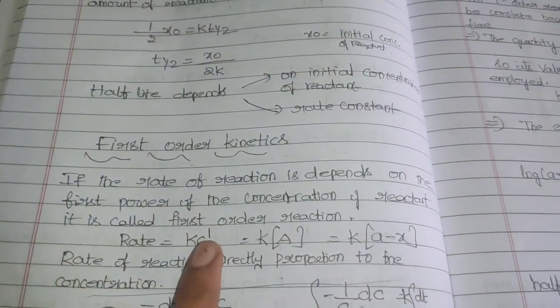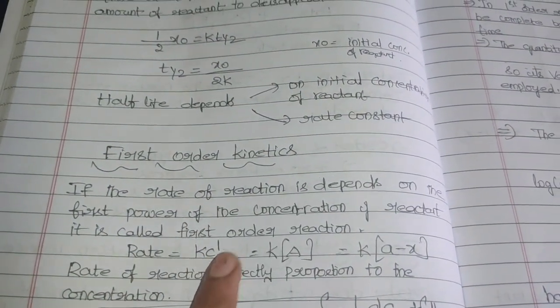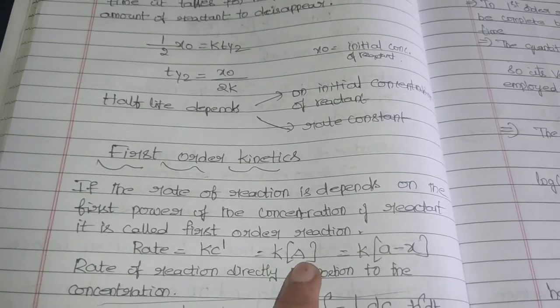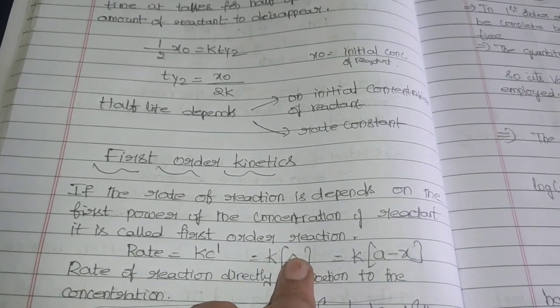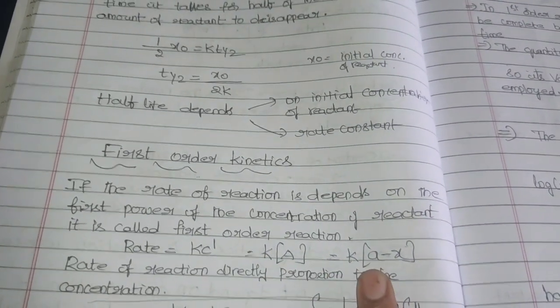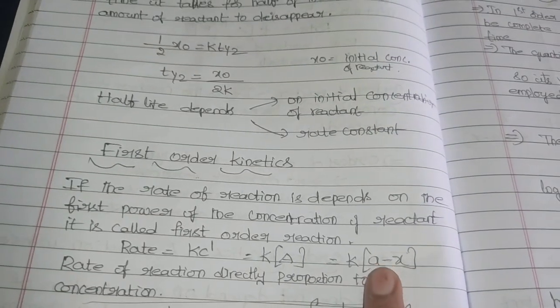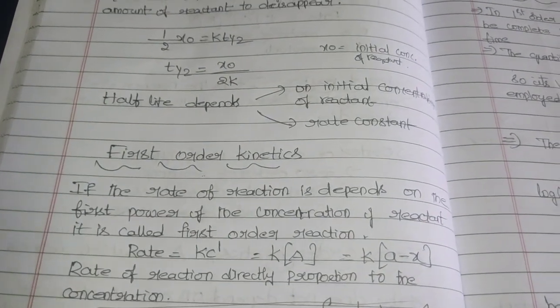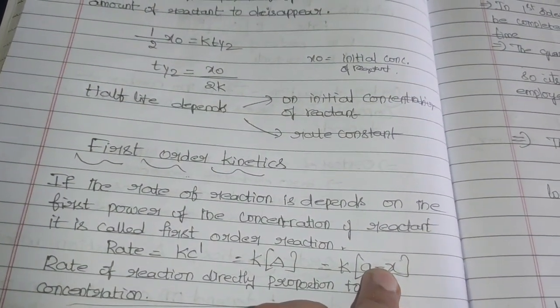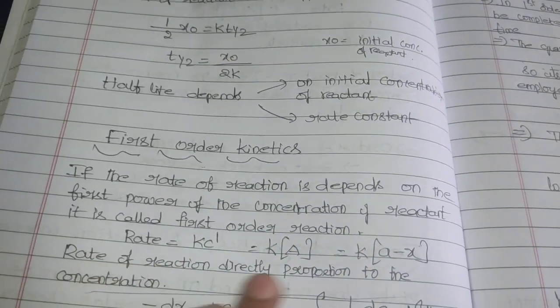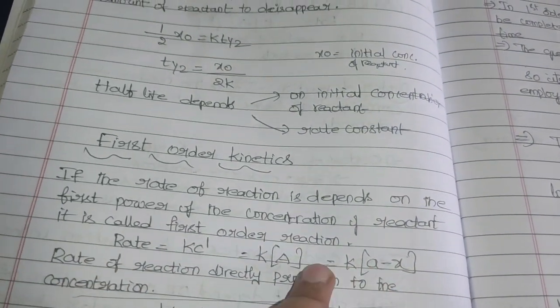Rate is equal to rate constant K into C to the power 1, or K into A, where A is the reactant. So we can write K into (A minus X), where A is the initial concentration minus how much product is formed.